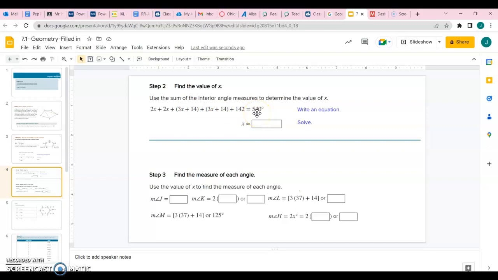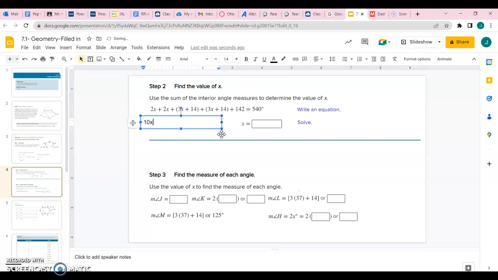We combine our like terms. 2 plus 2 is 4, plus 3 is 7, plus 3 is 10, so we have 10x. Then 14 plus 14 is 28, plus 142 is 170. So plus 170 equals 540.